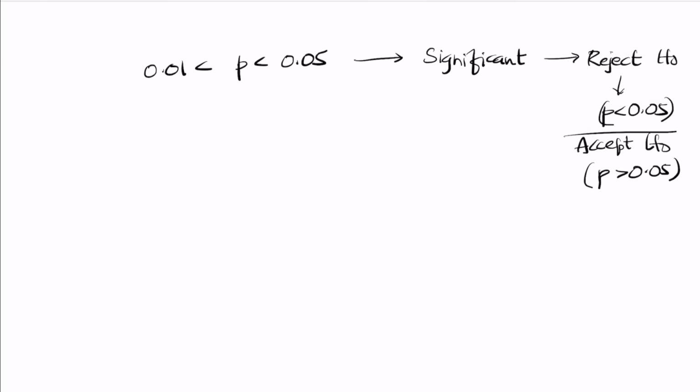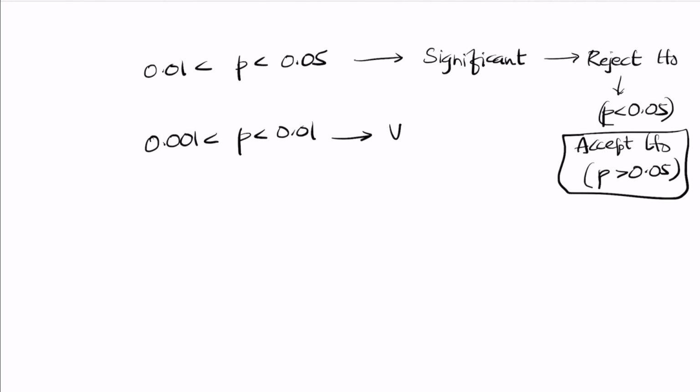So this is the main idea here. We accept H0 when p is greater than 0.05. We reject H0 when p is less than 0.05. Now if p is much less, between 0.001 and 0.01, we consider the results highly significant.